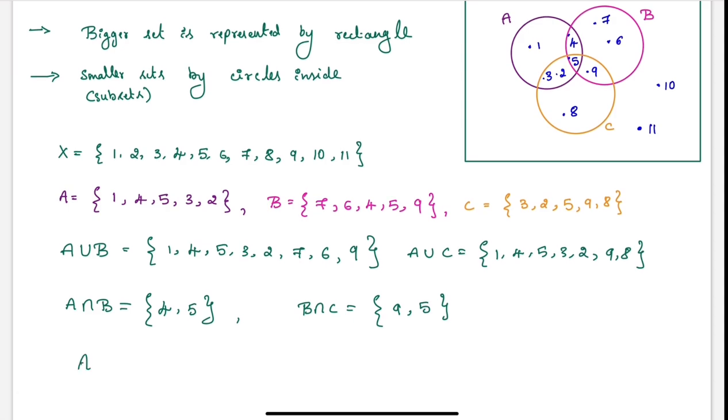In this case, what should A minus B contain? It should contain the elements of A which are not in B.